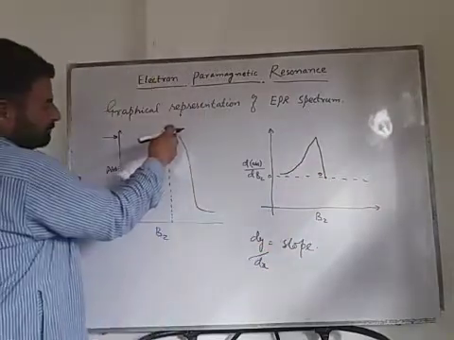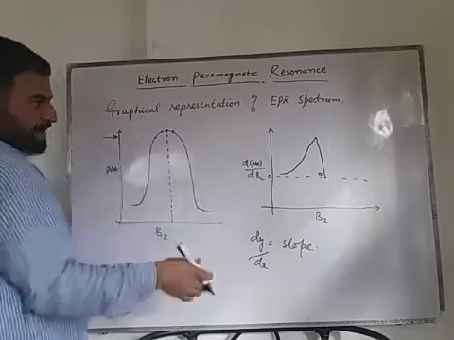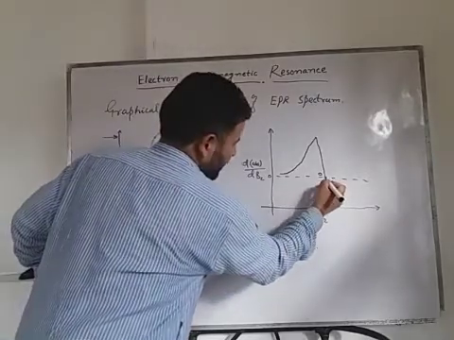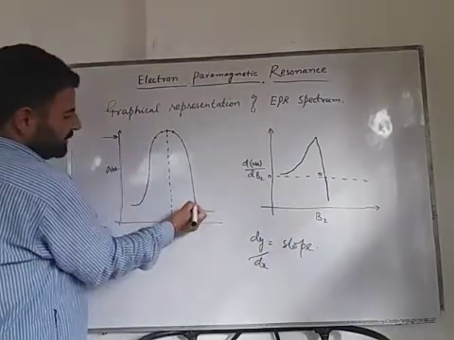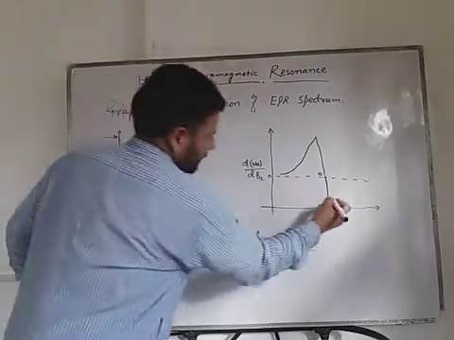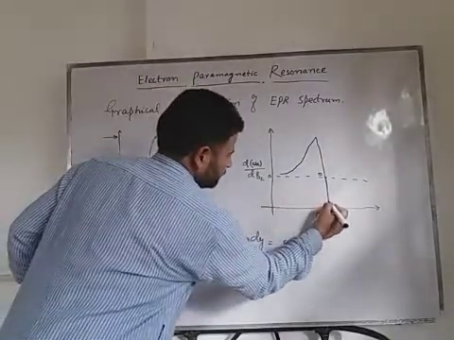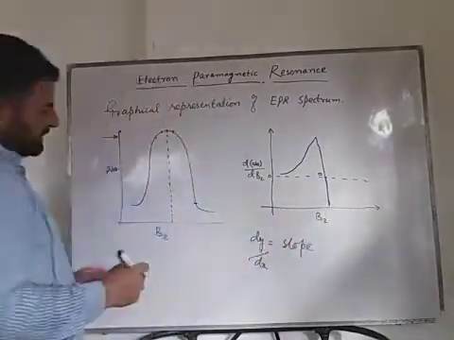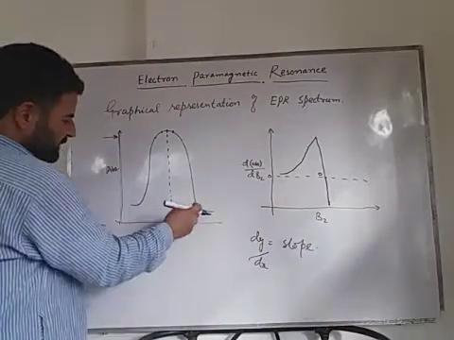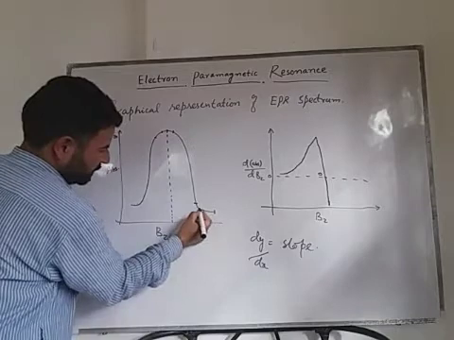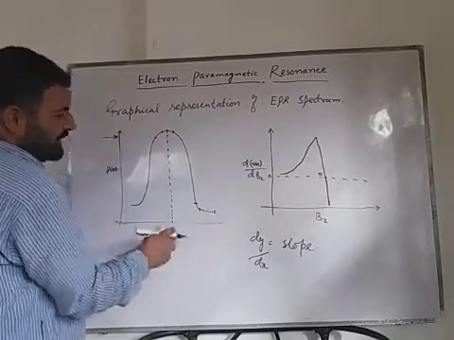And now the slope starts increasing again, but in the negative direction. So we will go in the negative direction like this, and it will reach the maximum up to here. This will be the maximum slope. And now the slope starts decreasing, because you can see from this point to this point, there is not much change in y with respect to x.